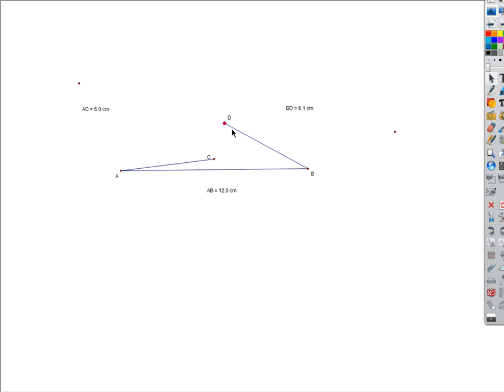What if side BD became, let's say, 13? If side BD became 13, and side AB is 12, now what about AC? How big could AC be? What's the smallest it could be?